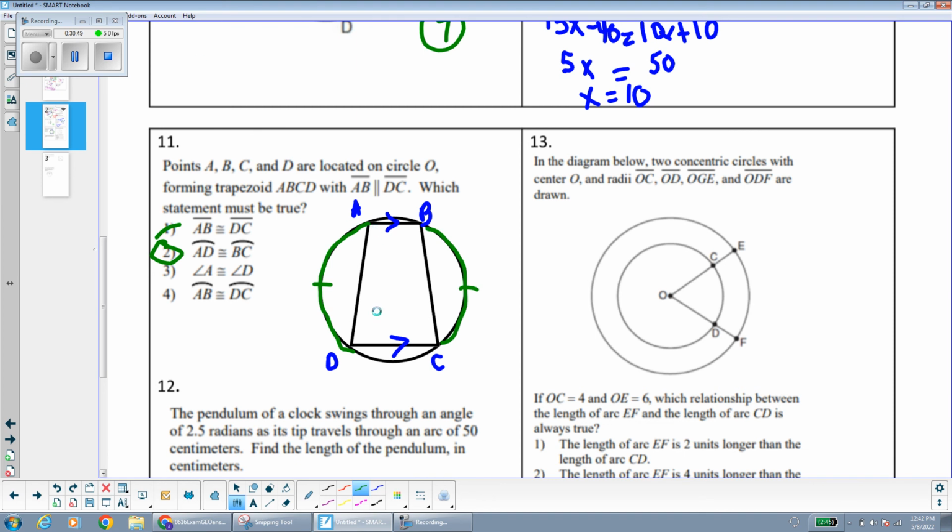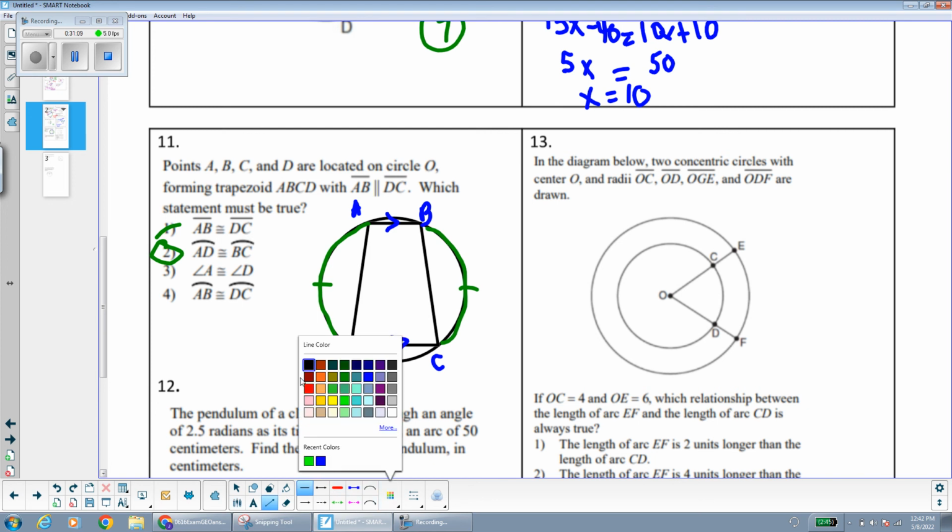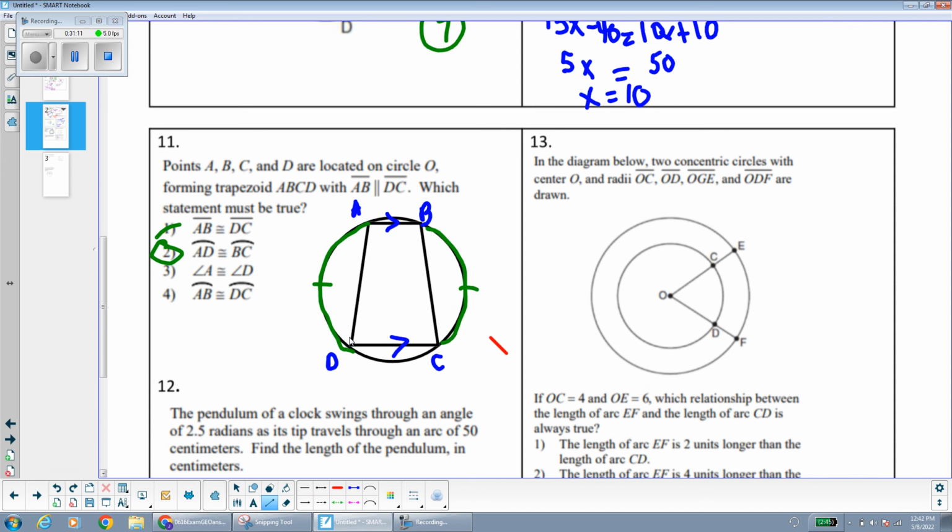Angle A is congruent to angle D. So angle D is an inscribed angle and it's opening up. Let me get a different color here so I can show this. So angle A, and then we'll do angle D. Angle A is an inscribed angle and it's opening up to arc, let me draw this, arc DCB.